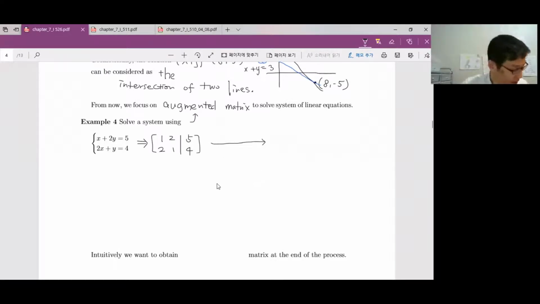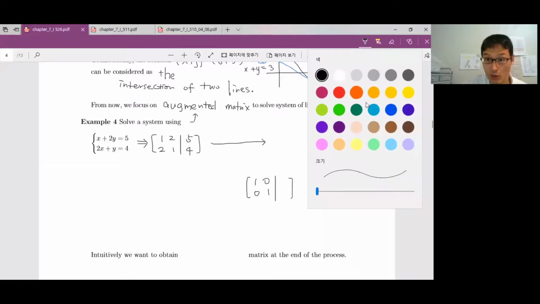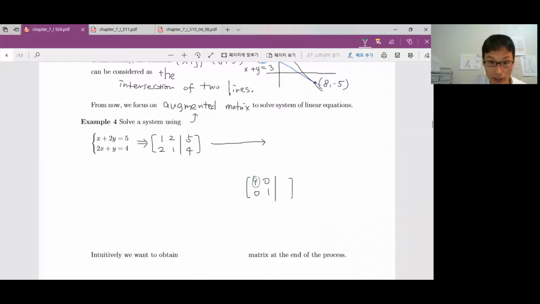Very good. That makes perfect sense because eventually, hold on a sec. 1, 2, yeah. Eventually, we want to have the identity matrix 1, 0, 0, 1 with something else. That's why we need 1 and 0. So 1 is already there. That's why we want to have 0 in this 2.